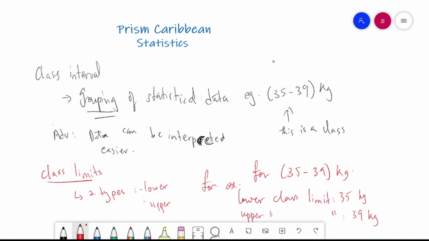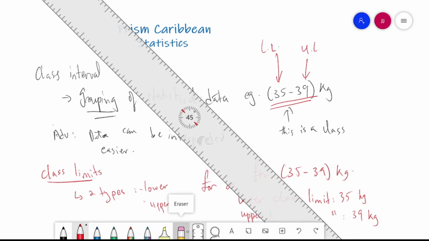So we know a class is a grouping of the statistical data, and from this we can get a lower limit and an upper limit, and that's pretty much it for that.